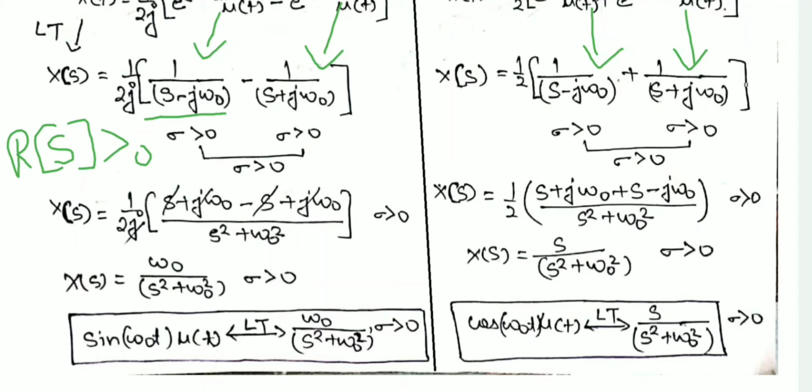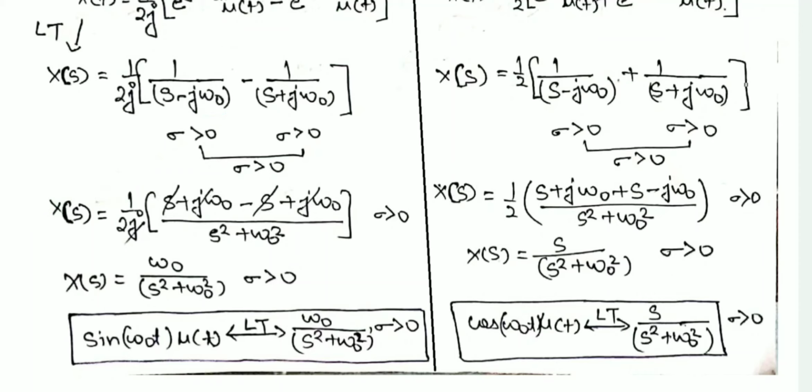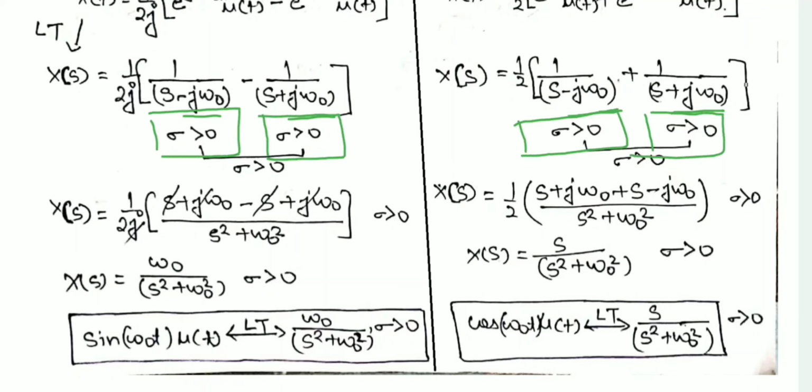Therefore the ROC still has sigma greater than 0. In the previous case, s minus a, where a is a real term, therefore sigma was greater than the real term. Therefore, both signals, sin and cos, have the same imaginary part, so sigma must be greater than 0 because they have no real term, they are all imaginary terms.